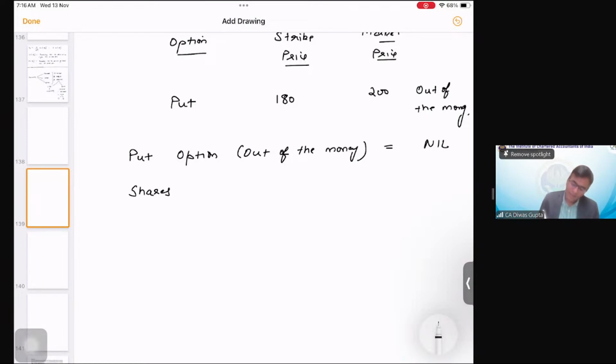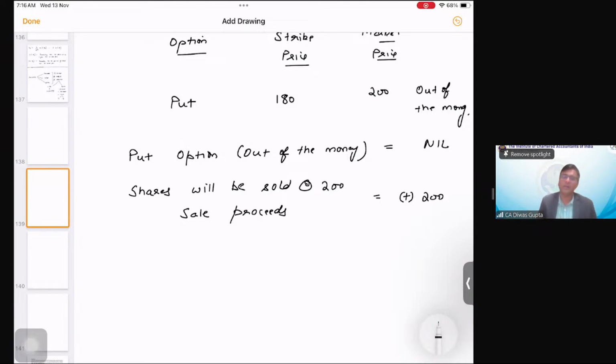Then second is shares will be sold at the rate 200, right? Whatever shares I'm holding, I will be selling it at the rate of 200. So my sale proceeds becomes plus 200, right?